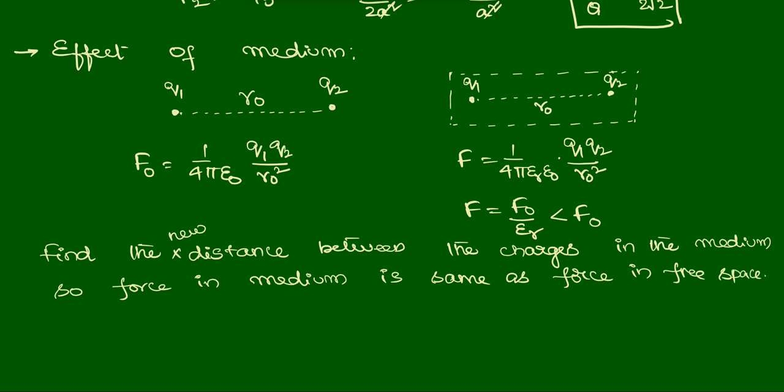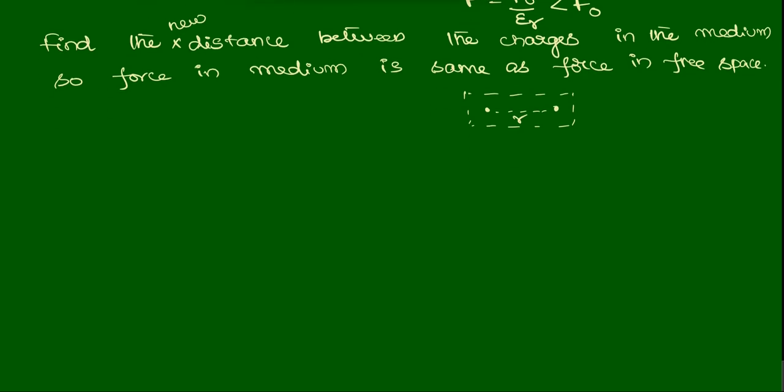So now the distance is no longer r naught. We changed the distance in that medium to a new value r. Whatever force we get now is the same as the force in free space. So F dash is equal to F naught.